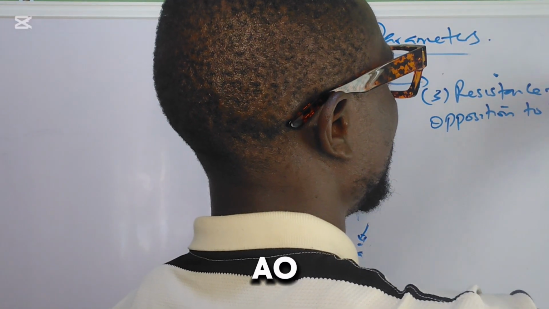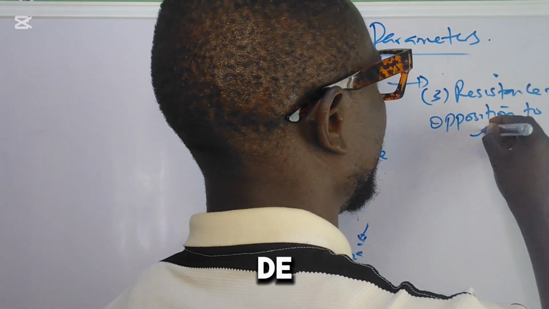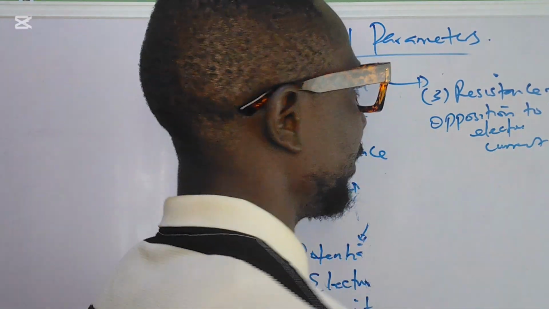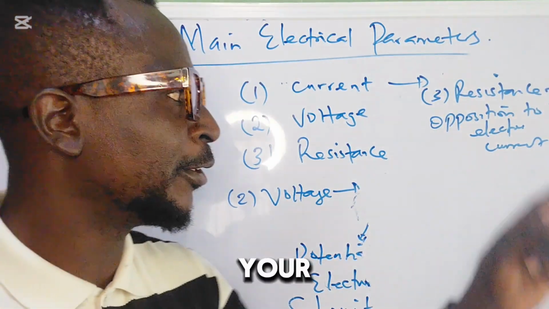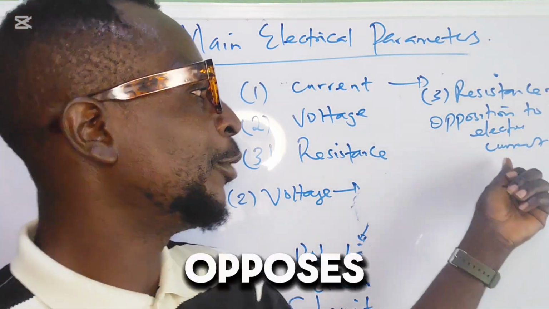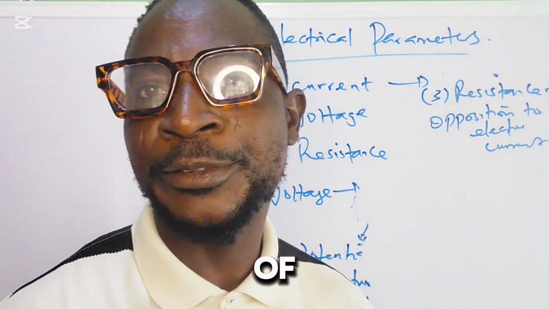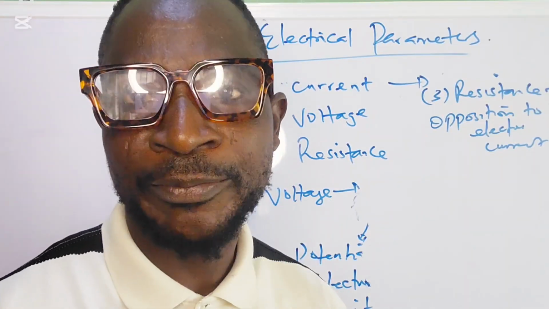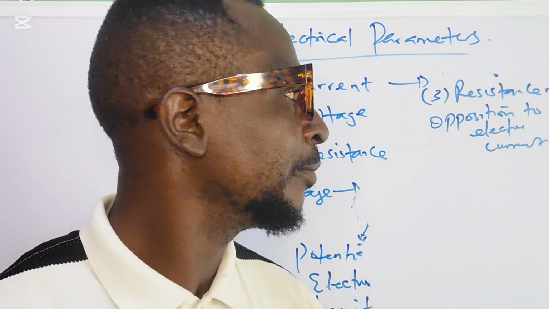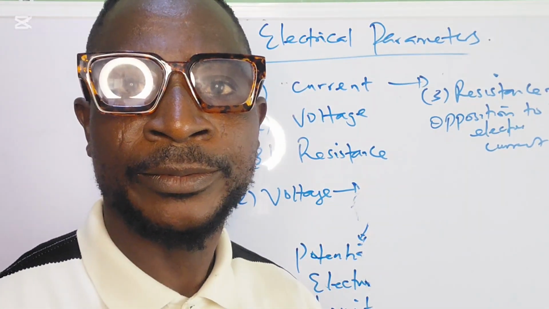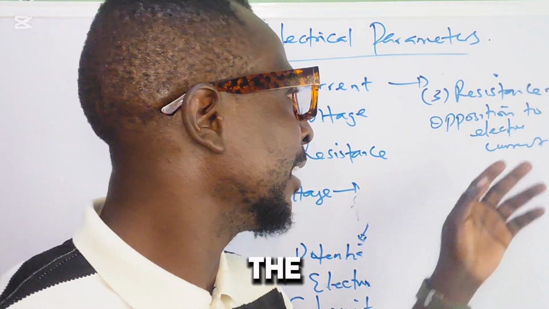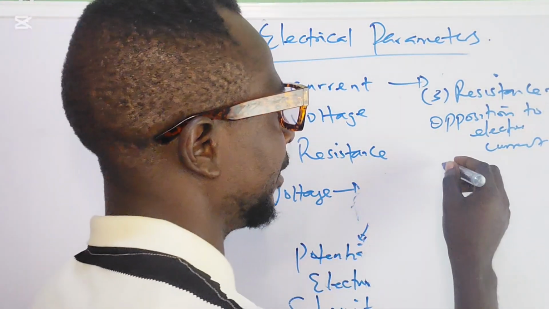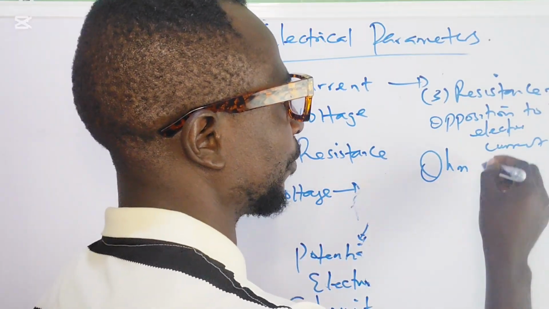So your circuit resistor opposes the flow of electric current. It limits the flow of what? Electric current.